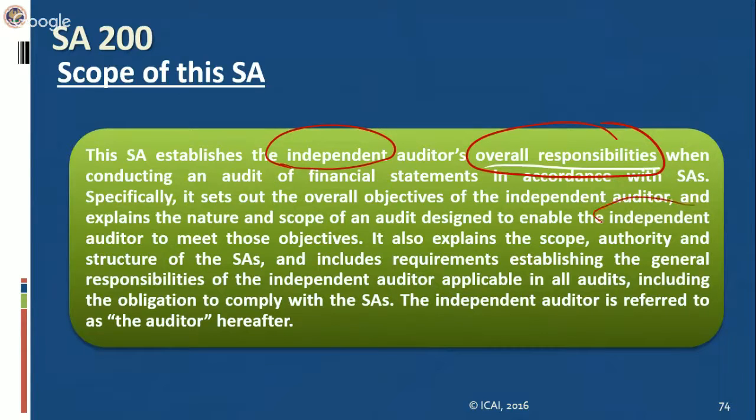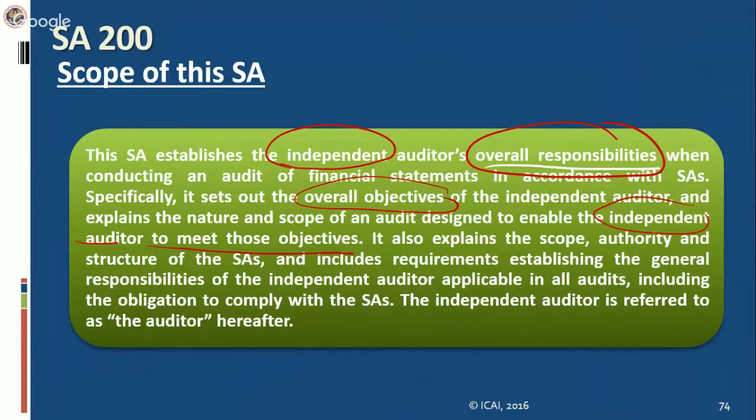It sets out the overall objective of the independent auditor.